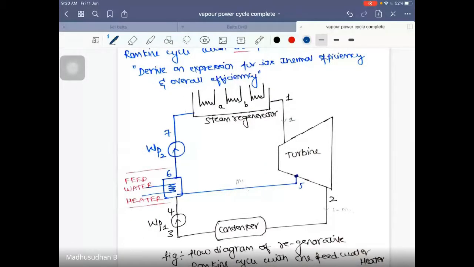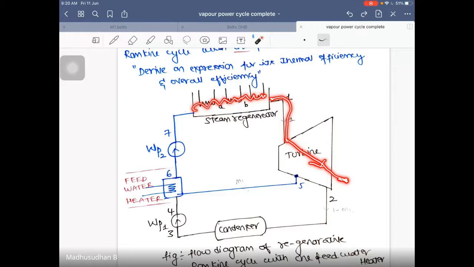What happens in the regeneration is, the normal running will be first economizer. It will pass on to the economizer, next to the boiler, next to the superheater. Once high pressure, high temperature steam is obtained here, it would pass on to the turbine. It would expand completely up to 2. This is the normal cycle I'm talking about.